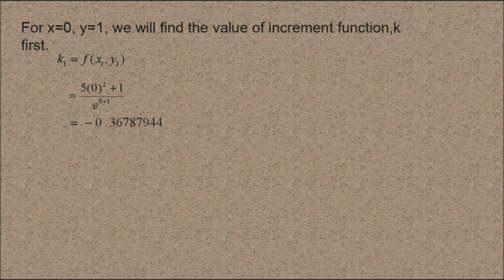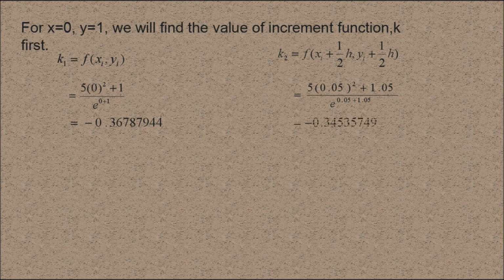Note that k2 equal to f(xi plus 1 over 2 h, yi plus 1 over 2 h), which means that we have to find the value of x plus half the step size and also y plus half the step size, which in our case, step size h equal to 0.1. Solving it will result in k2 equal to negative 0.345 35749.